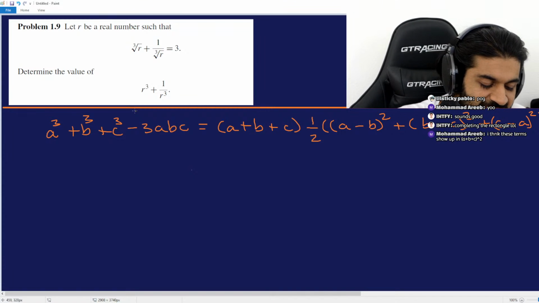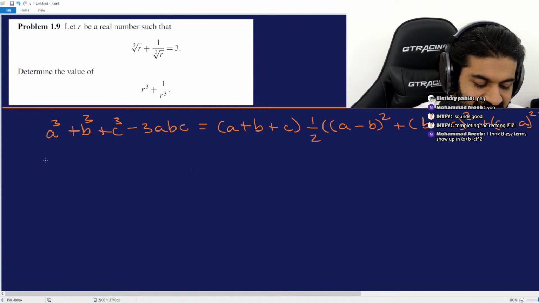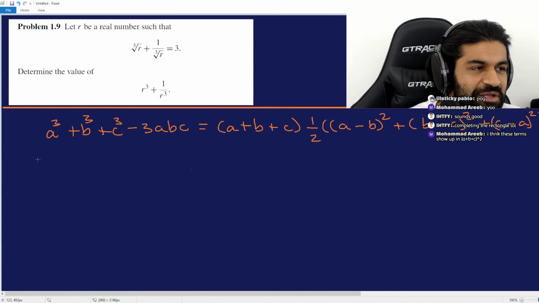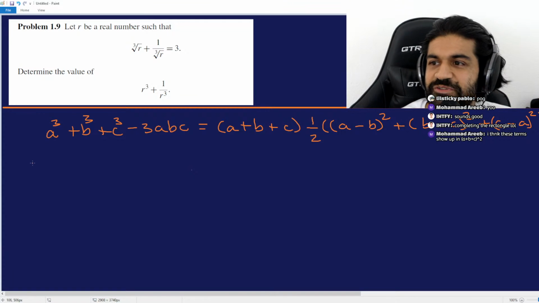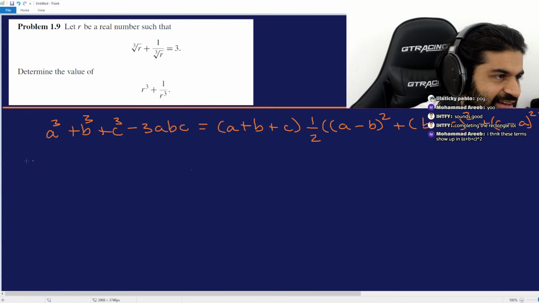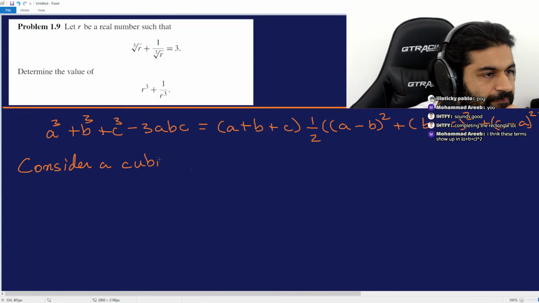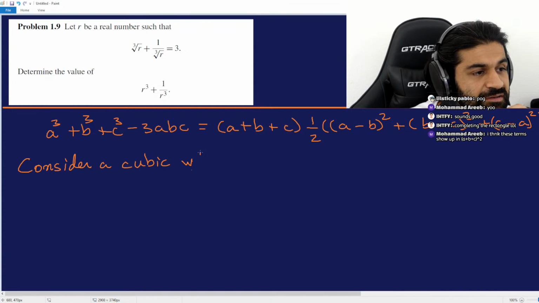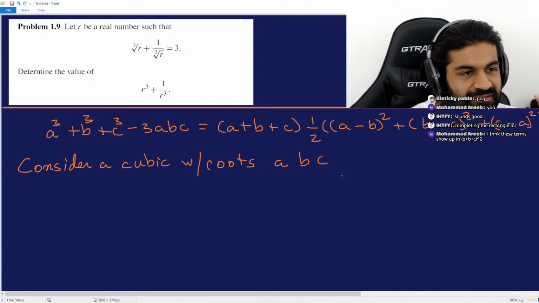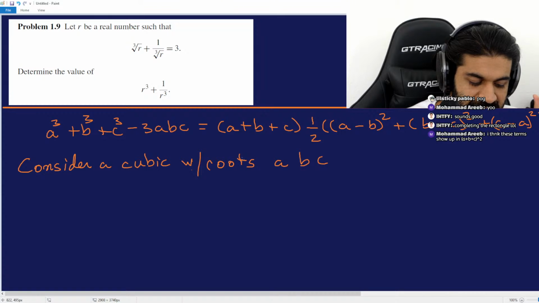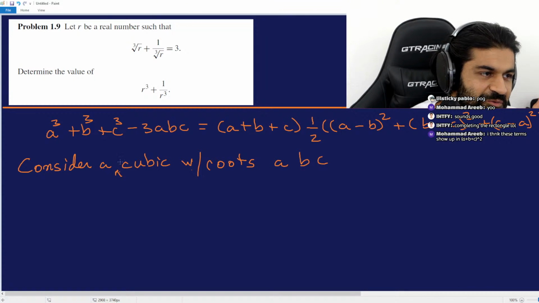So for example, look at a cubic polynomial that has roots a, b, and c, right? So consider a cubic with roots a, b, c. Let's consider a monic cubic with roots a, b, c.